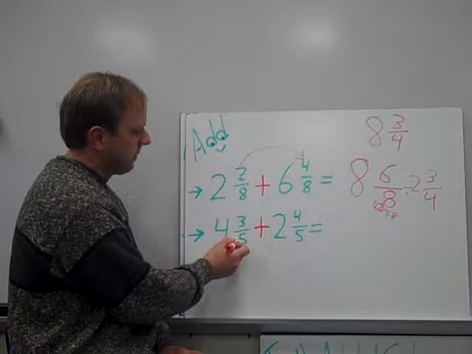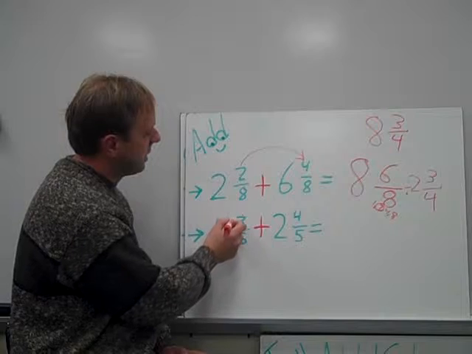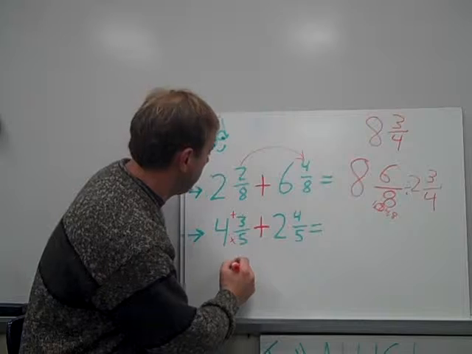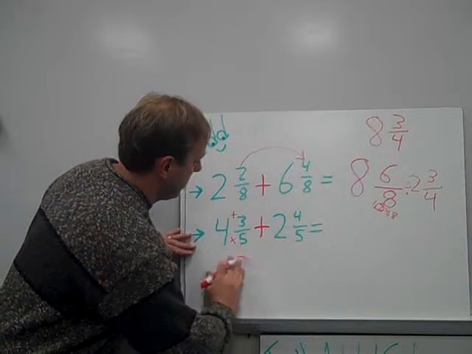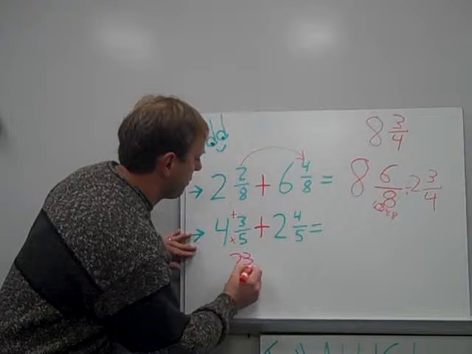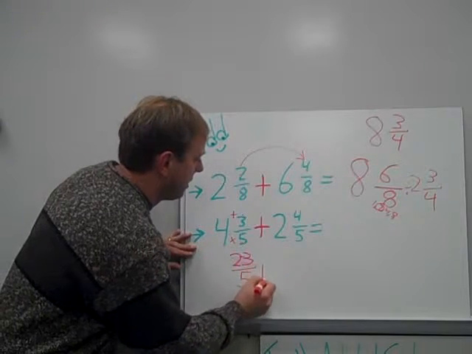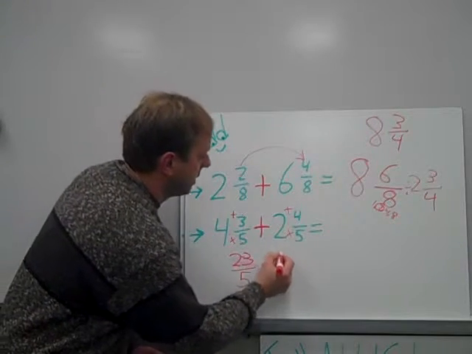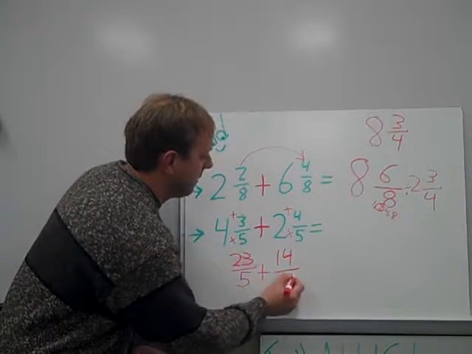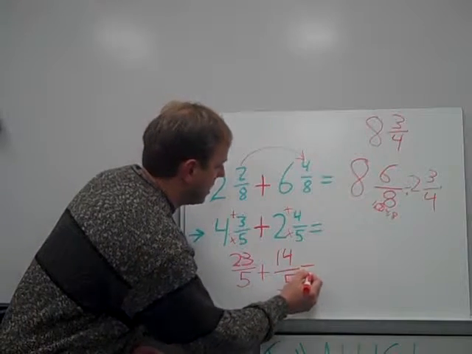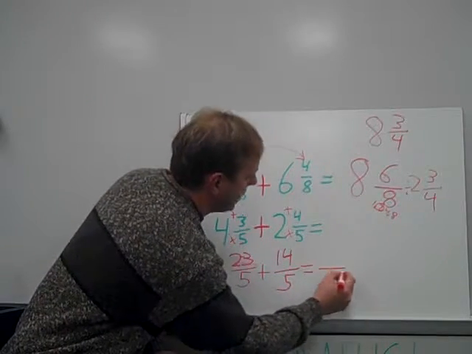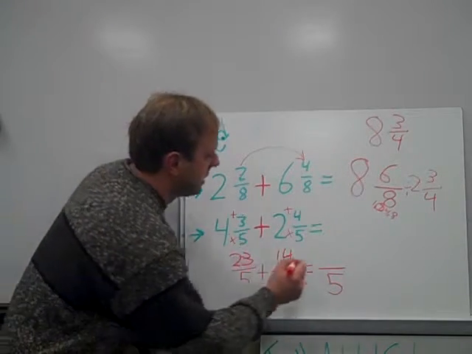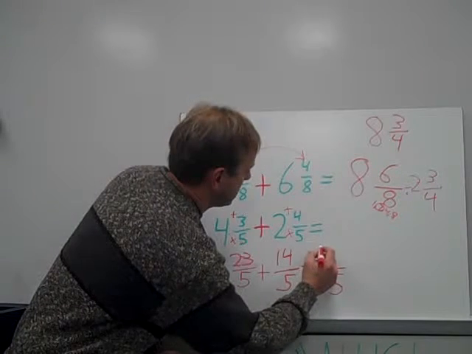So if you remember, 5 times 4 is 20 plus our 3, so we now have 23 fifths, plus 5 times 2 plus 4 is 14 fifths. I'll solve this. My 5 stays the same, and 23 plus 14 is 37.